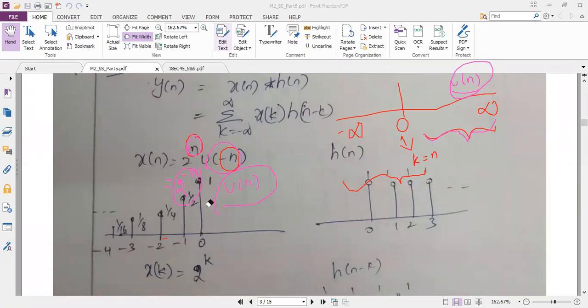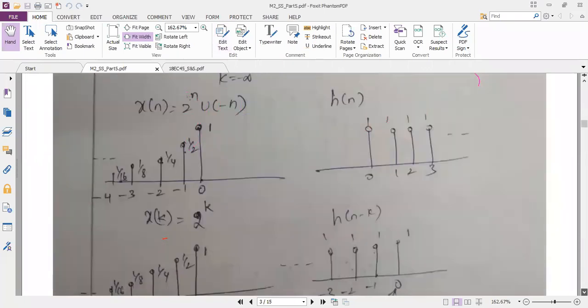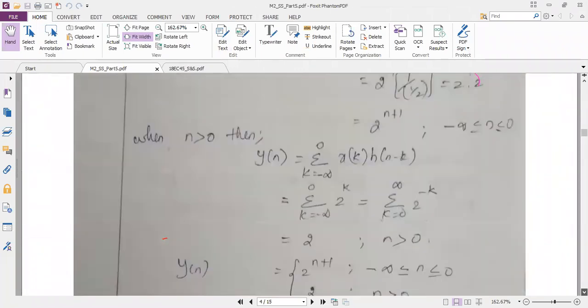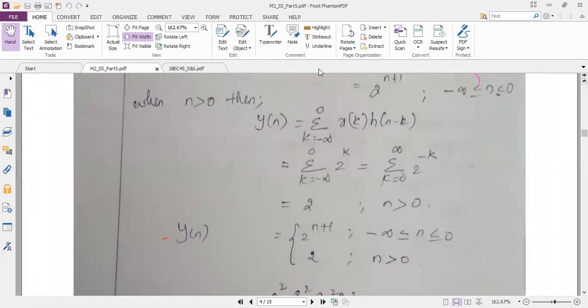So now keeping that in mind, I will just go to the last step. I'm just striking out some two lines, because you may get confused.